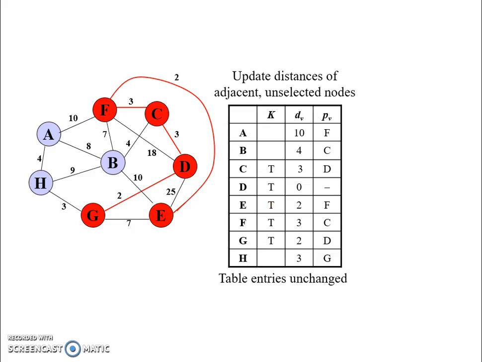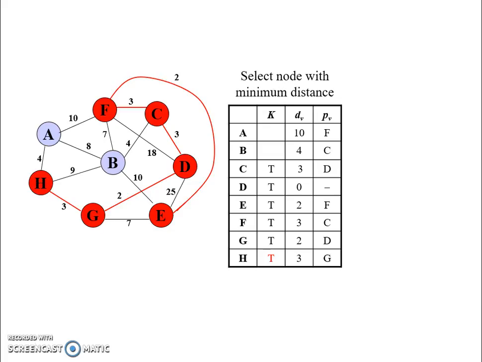Next we have to select the next smallest node, or node having the smallest cost, which should be H, having the value 3.